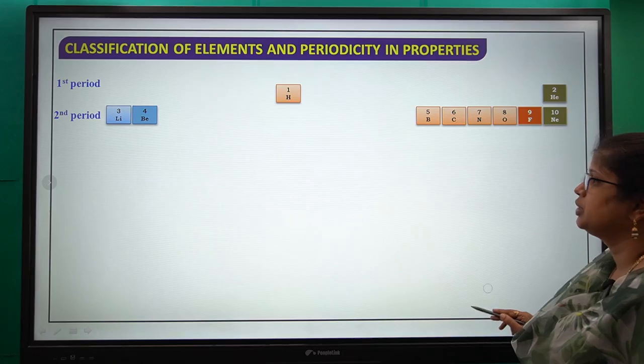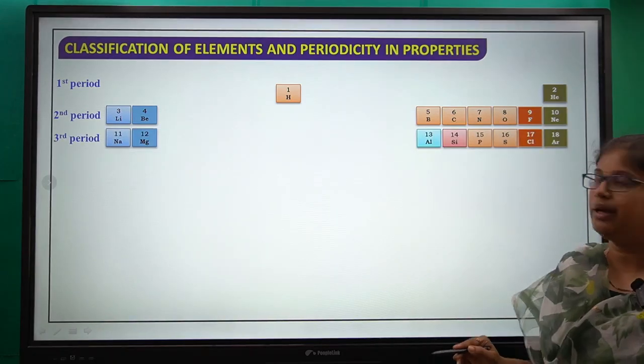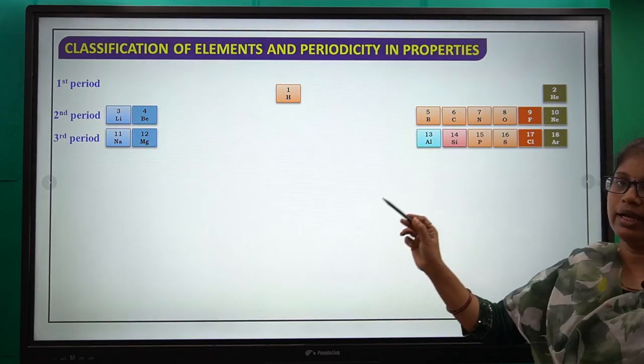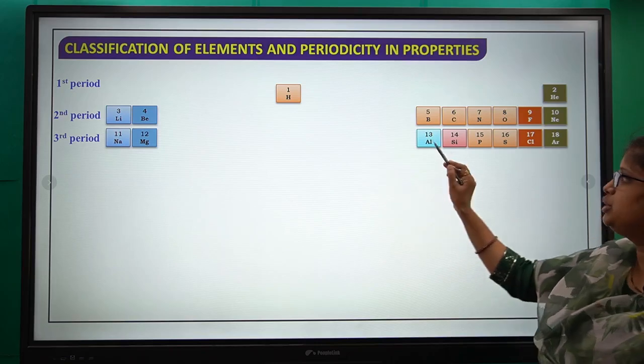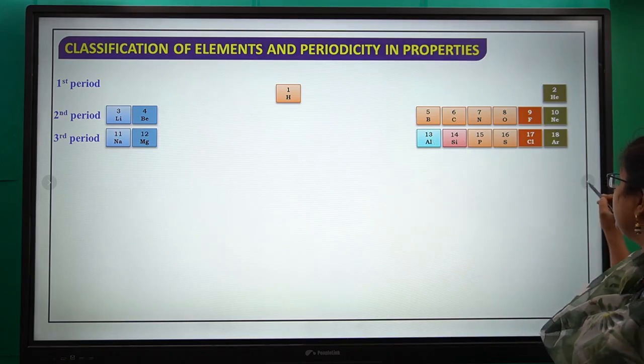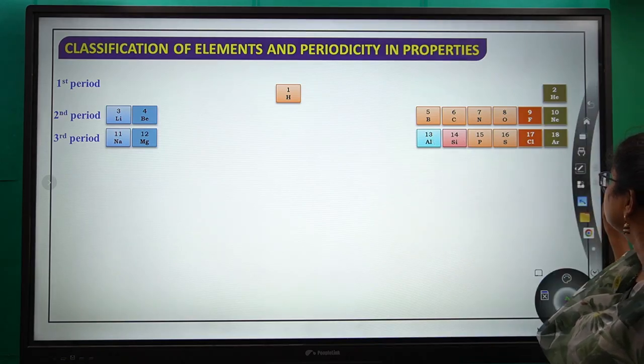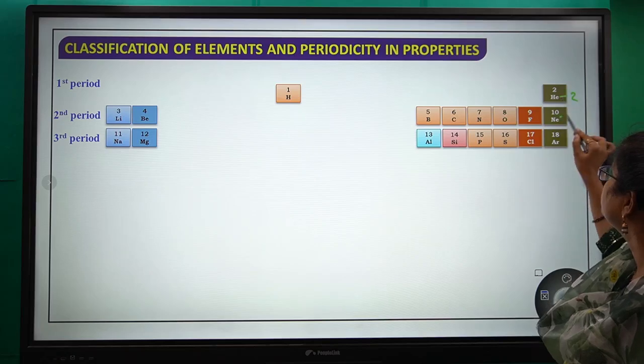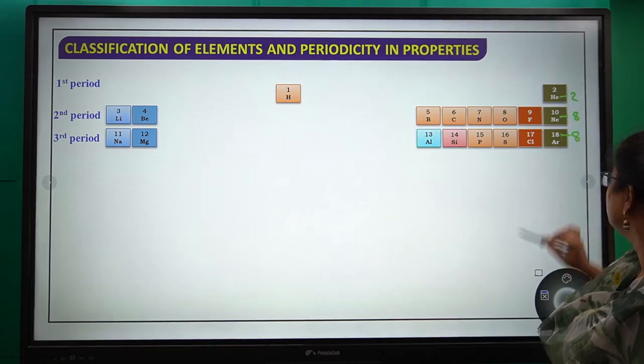Next, third period, from sodium to argon. Count again the number of elements: 1, 2, 3, 4, 5, 6, 7, 8. So 2, 8, 8.